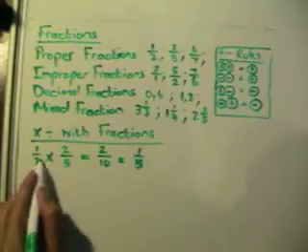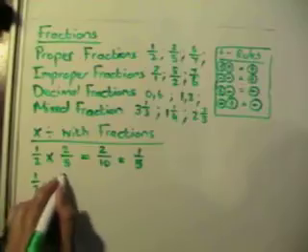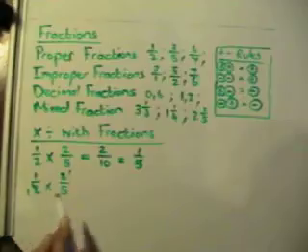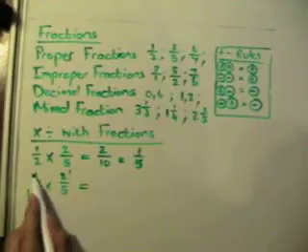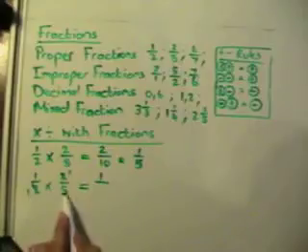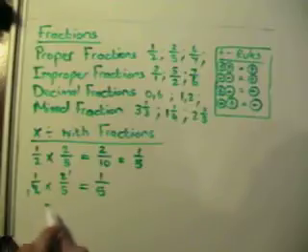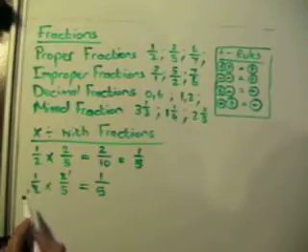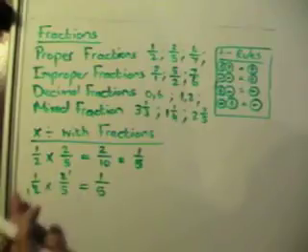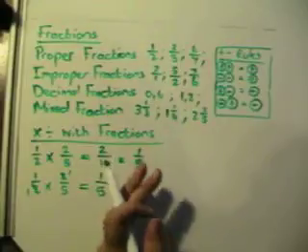For instance, here I have a 2 and there I have a 2, and both these numbers can be divided by 2, giving me 1, and then the numerator times the numerator gives me 1, and the denominator times the denominator gives me 5. When I work with larger fractions, it might be easier to first simplify the fractions and make them smaller before you start multiplying.